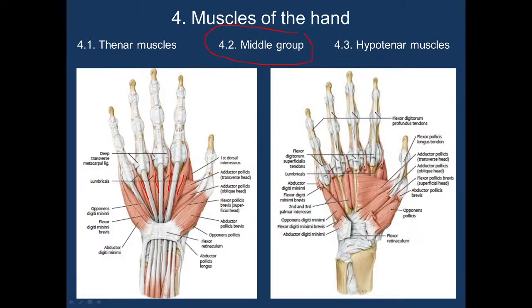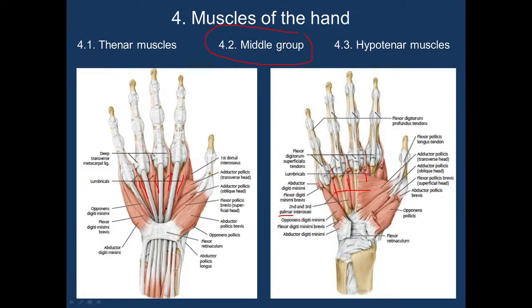They are located superficially, but you could also find, when you dissect the superficial layer, the interosseous muscles under these muscles. Palmar means they are located anteriorly, and dorsal. All of these muscles move the fingers.